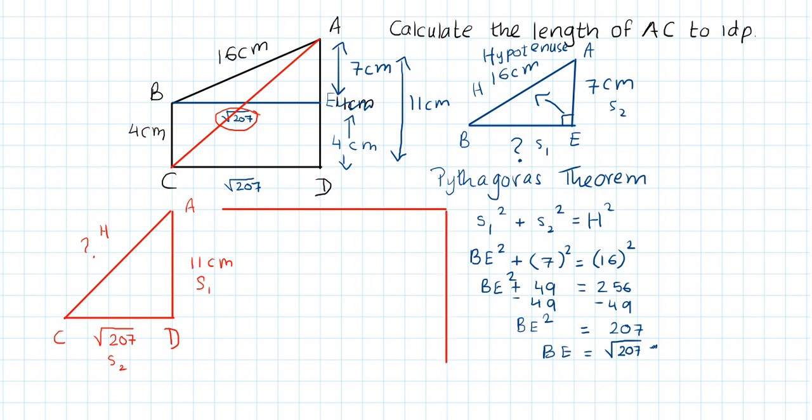So to find AC squared again, side 1 squared plus side 2 squared is equal to hypotenuse squared. Side 1 was 11, so 11 squared plus side 2 is root 207, in brackets, squared, is equal to the hypotenuse squared, which is AC squared.